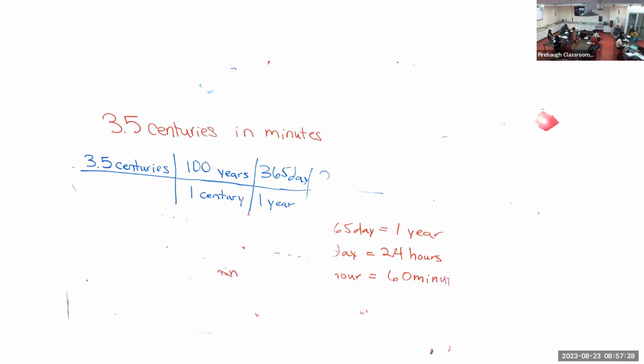Okay, 24 hours on top and 1 day on the bottom. And then 60 minutes on top and 1 hour on the bottom. So all we're gonna have to do is multiply 3.5 times 100 times 365 times 24 times 60, right? Because on the bottom we just have 1, 1, 1, 1, right? What do you guys get?